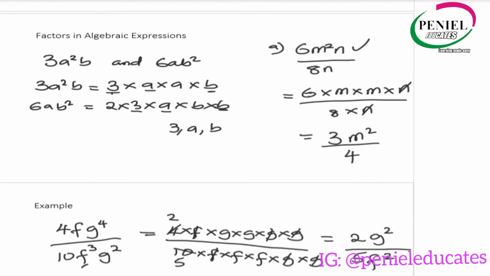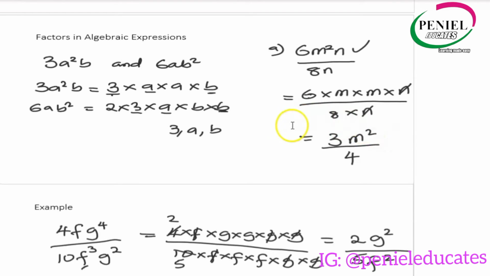All right, so let us look at factors in algebra. Just similar to the other way of knowing factors. We have 3ab square, a square b and 6ab square. How do you know the factors? We have 3 is a factor, a is a factor, another a, times b. We have 6ab square, which is 2 multiplied by 3 times a times b times b.